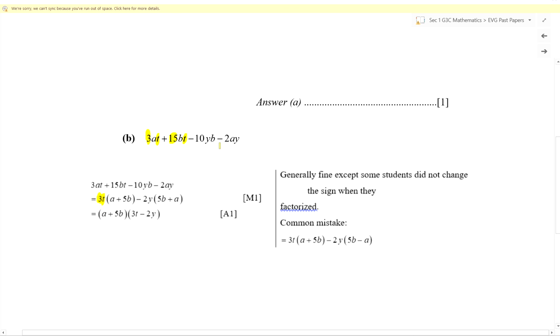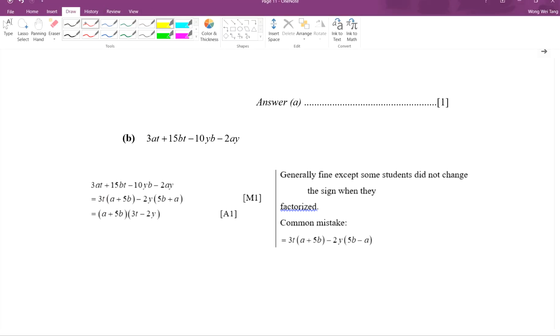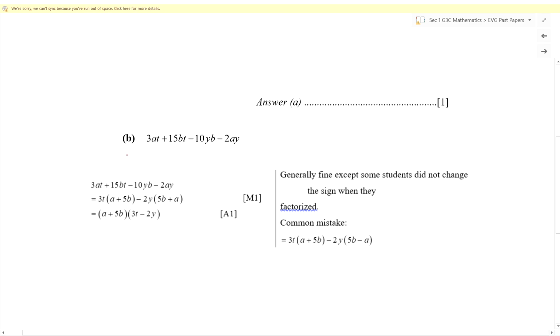Let's move on to the next 2 terms. So the next 2 terms, 10yb, 2ay. Y is definitely common. 2 is also common. Let's put it down as 2 times 5 times y times b minus 2a and y.